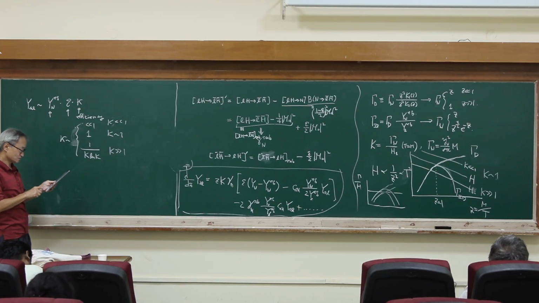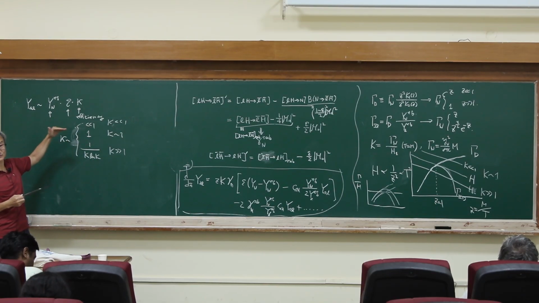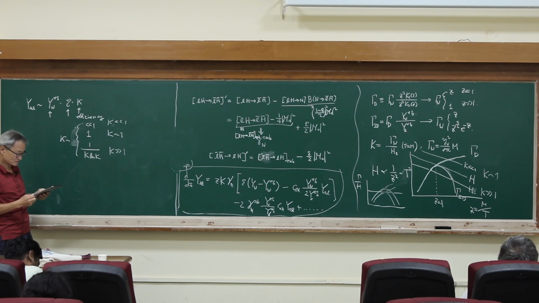So there is a plot showing this behavior in one of the references. Yeah, that's right. And this is the case only when you assume there was no initial number density for right-handed neutrinos.